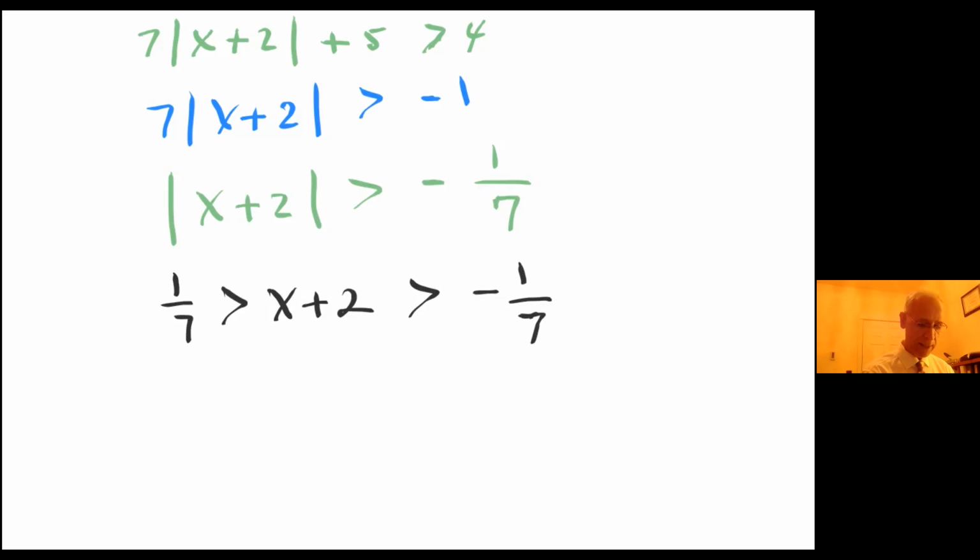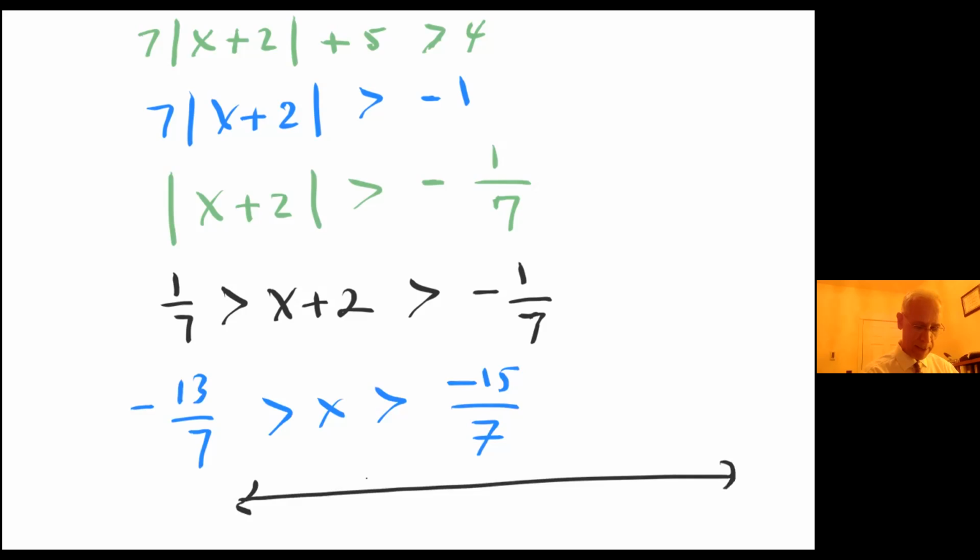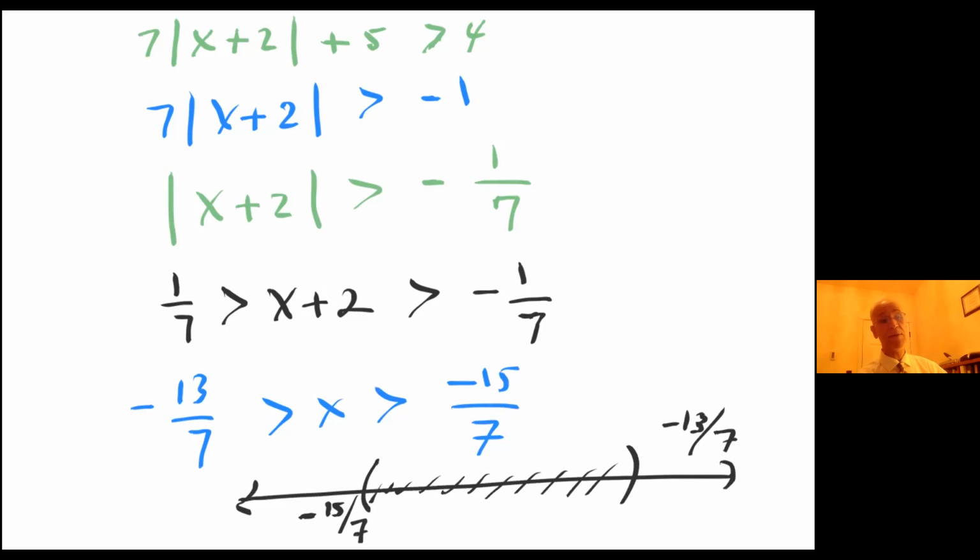So on the left-hand side, I get -15/7, x, and -13/7. And let me use a number line in here. -15/7 is a smaller number than -13/7. Every value is in between, but -15/7 and -13/7 are not included.